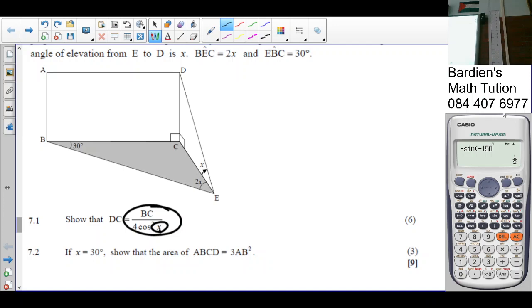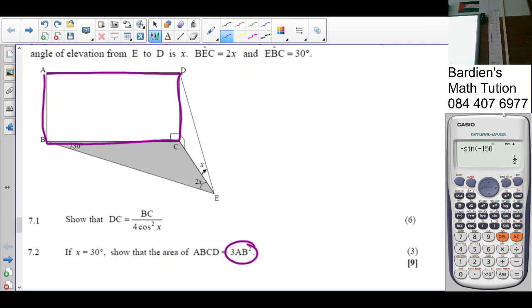The question says, show that the area of, not triangle, sorry, ABCD is given as that. This is again a show that or prove that question, so again I do not use this. I must just end off for that.